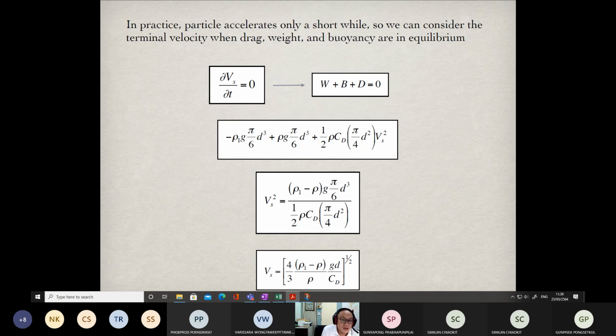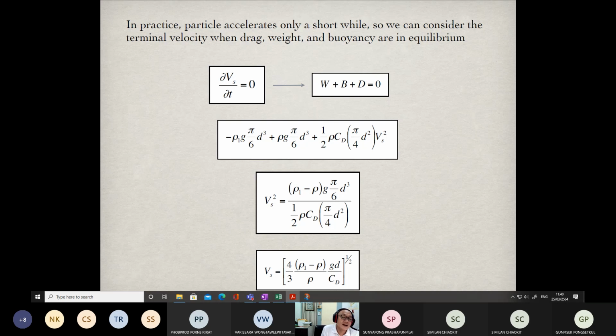If the terminal velocity remains constant, it means there are no changes, so dv by dt must be equal to 0 under this condition. So we are trying to find the conditions so that we can obtain the solution.